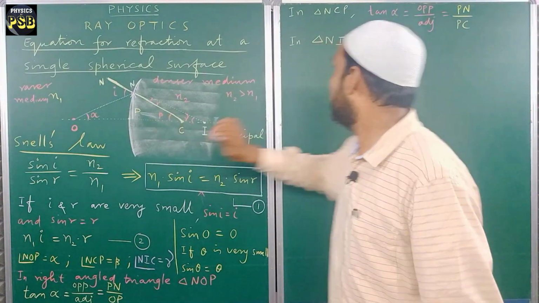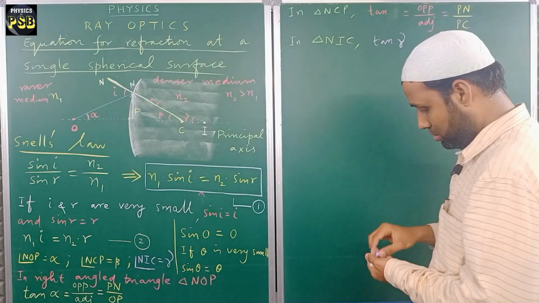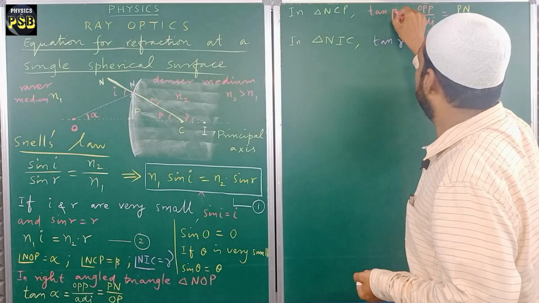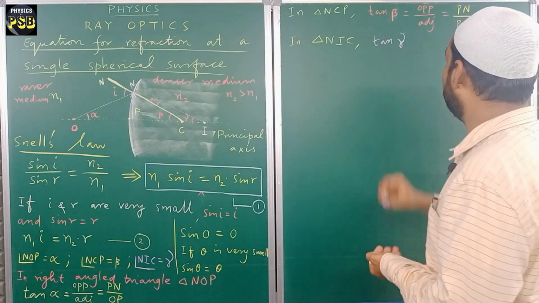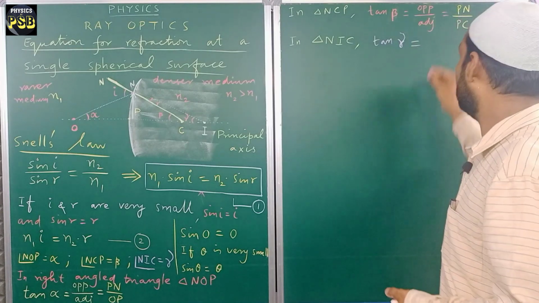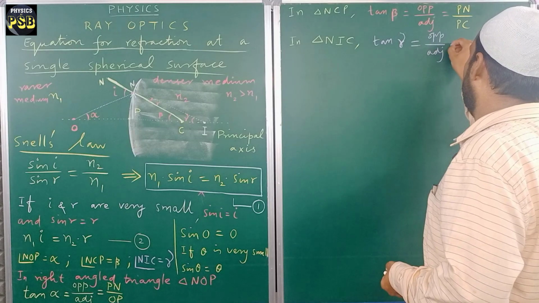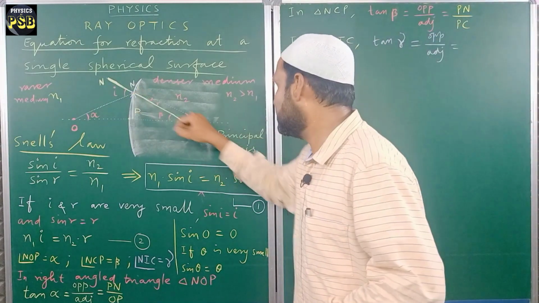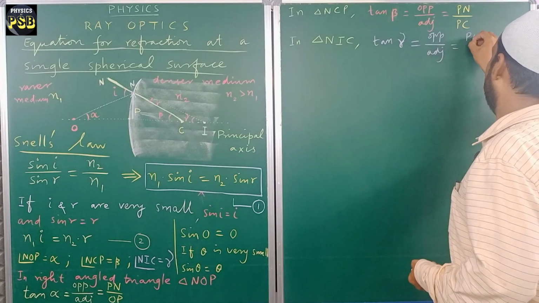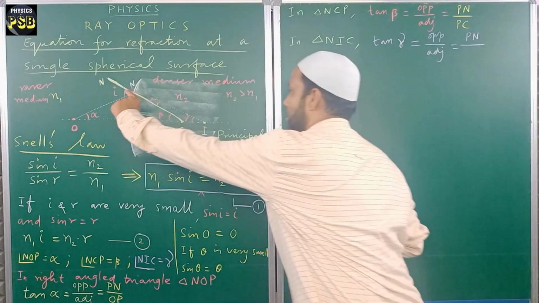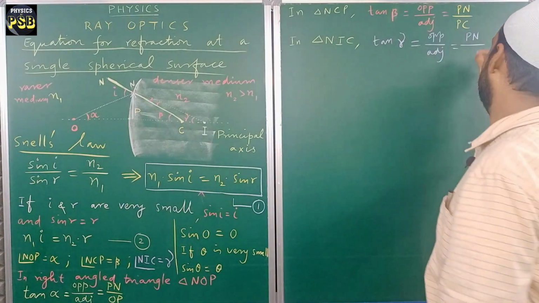Here the angle is beta, not alpha, so it is replaced with beta. Fine. So here tan of gamma is equal to opposite side divided by adjacent side. What is the opposite side here in this case? The opposite side is PN again, and the adjacent side is IP.